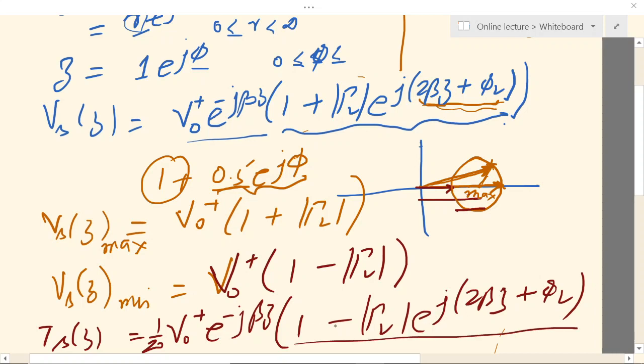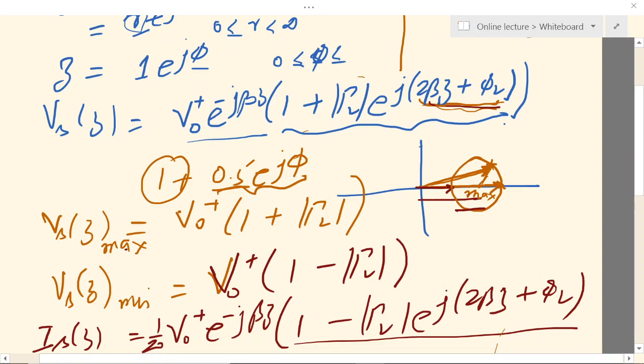Because we have a minus sign, where the voltage is maximum, at the same location the current will be minimum. Similarly, when the voltage is minimum, the phase is pi or minus pi, then it will become negative and the current will be maximum. So at those locations where the voltage is maximum, the current will be minimum, and where the voltage is minimum, the current will be maximum.